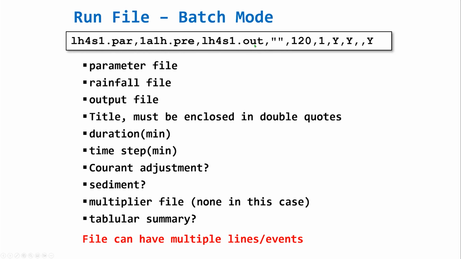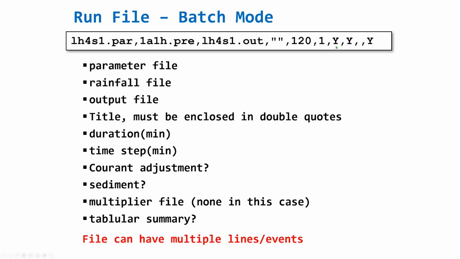And we use .out typically. If you want to associate a particular title, saying event November 14th, 2002, you can put that into the double quotes. And again, this is the duration of the run, 120 minutes. Here are the time steps. Here is the current adjustment.